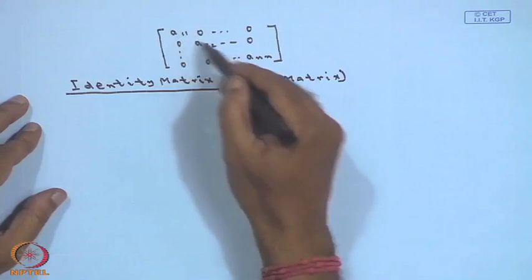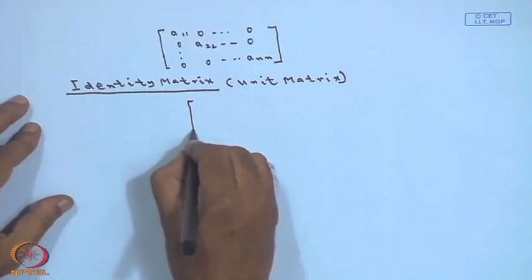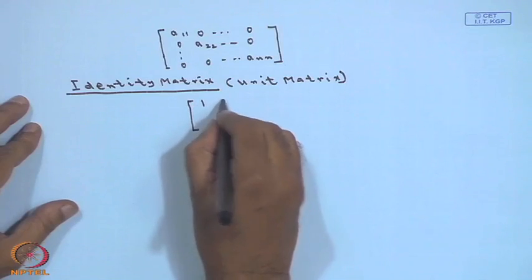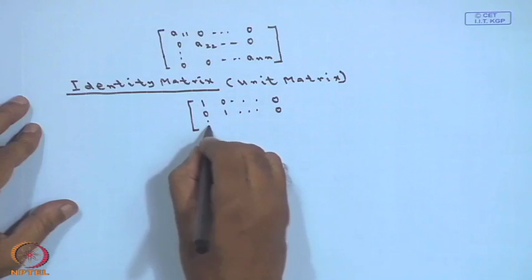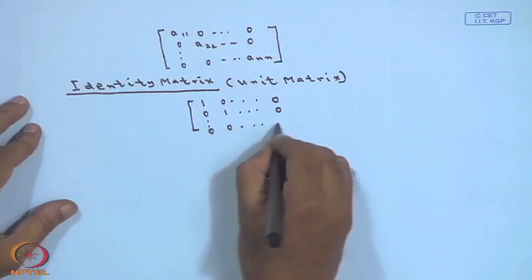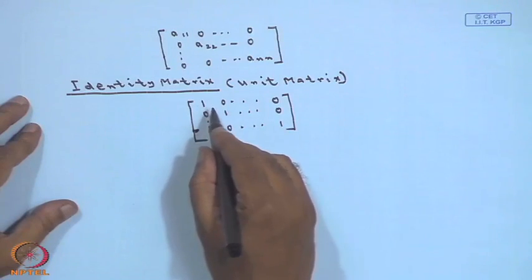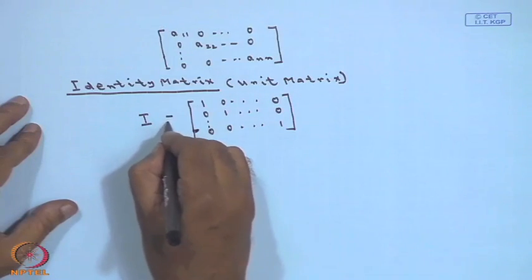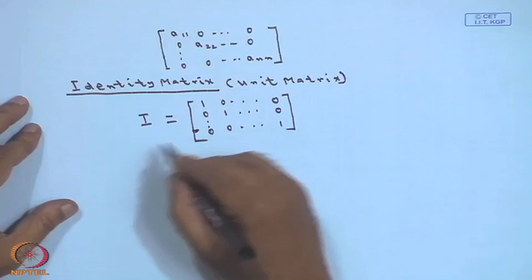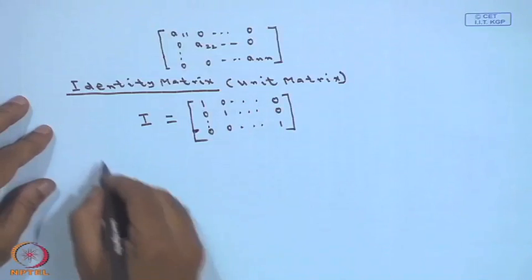We may write it like this: all the elements are 0 except the diagonal elements. This identity matrix we usually denote by I.